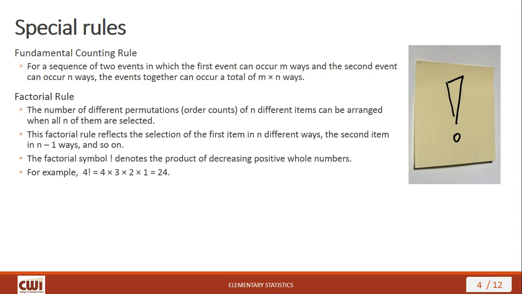Likewise, 3 factorial is 3 times 2 times 1, which is 6. My special definition: 0 factorial is equal to 1. So 0 factorial is 1, 1 factorial is 1, 2 factorial is 2, 3 factorial is 6, 4 factorial is 24, and so it goes on up the chain of integers.